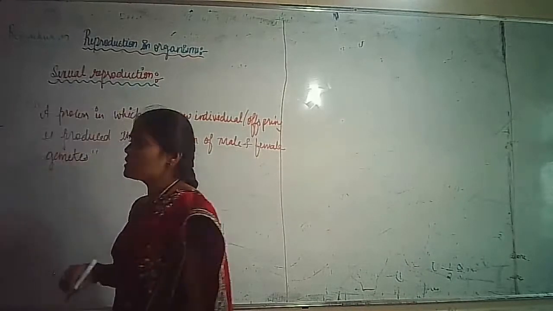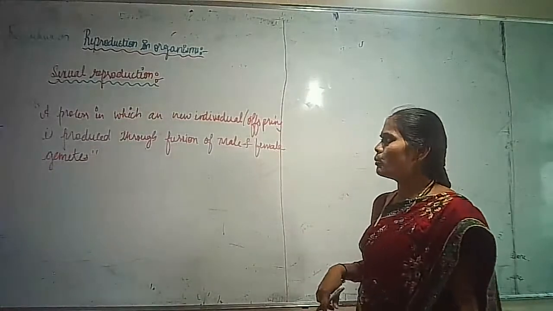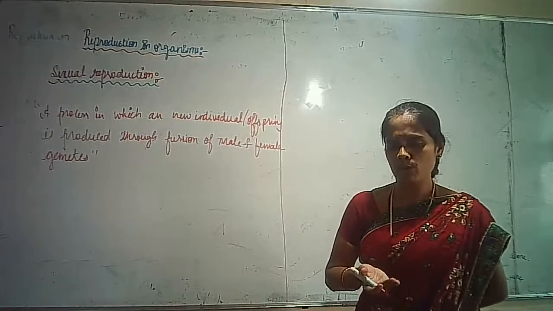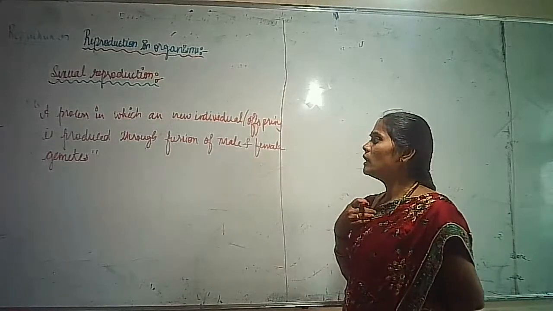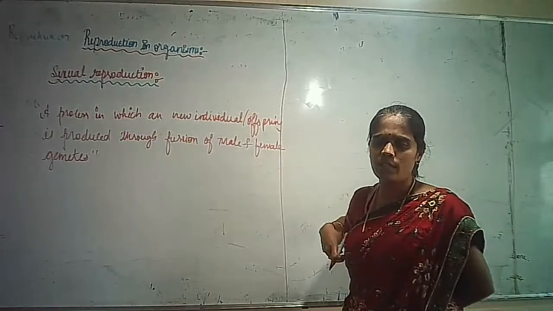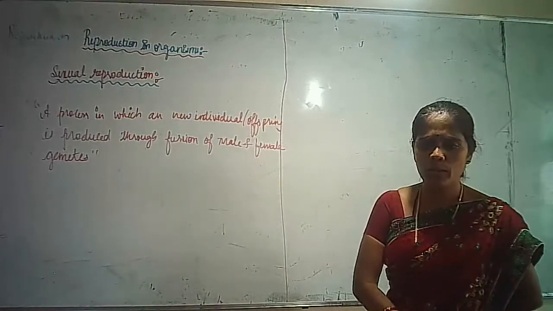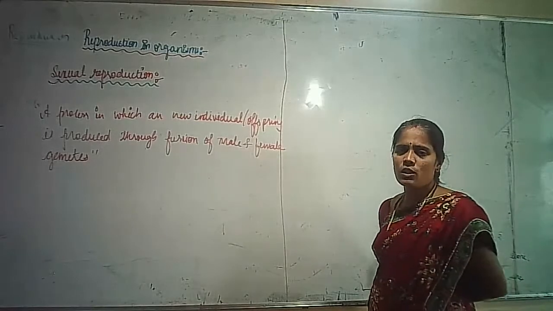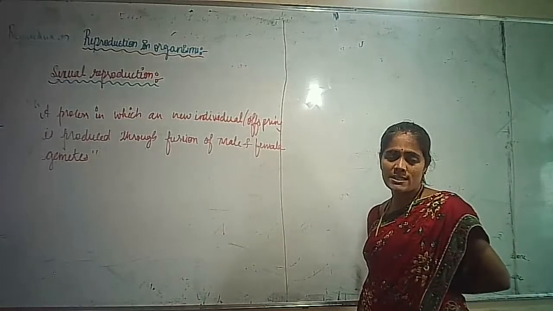Reproduction. My dear students, you might be familiar with reproduction, in which the parents are producing an individual. If they are producing the new individual, that is the offspring, through a single parent without the fusion of gametes, that is asexual reproduction.